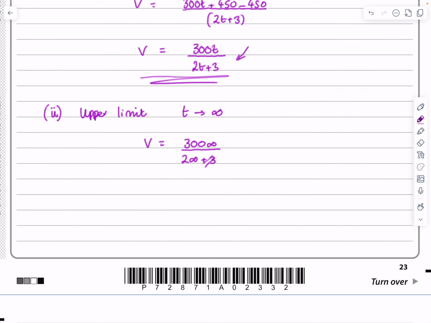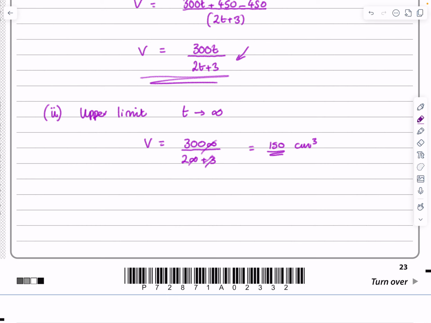It does not change it. So I'm actually ending up with 300 infinity over 2 infinity. The infinities can cancel, which gives me 150. Cheap way of doing it, but it will always work on this style of question and is a really quick way of being able to find upper limits and lower limits of reciprocals.